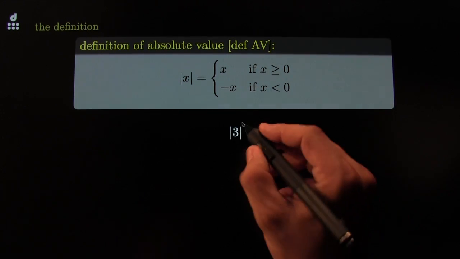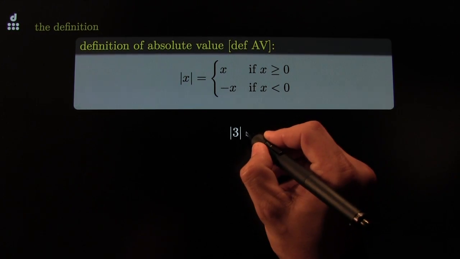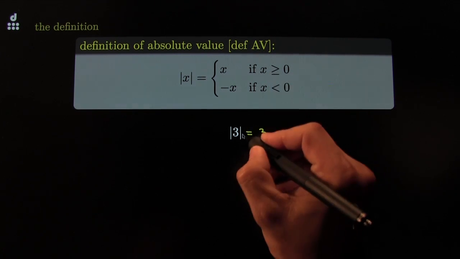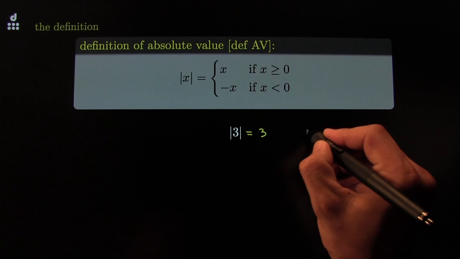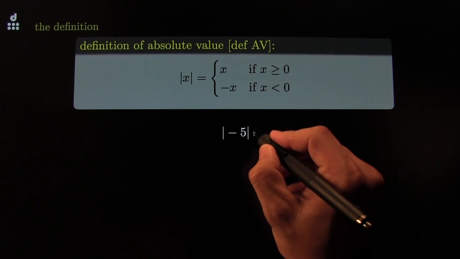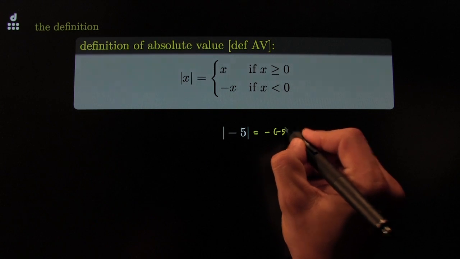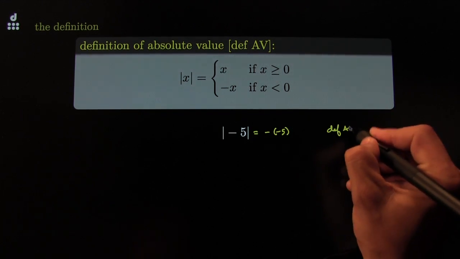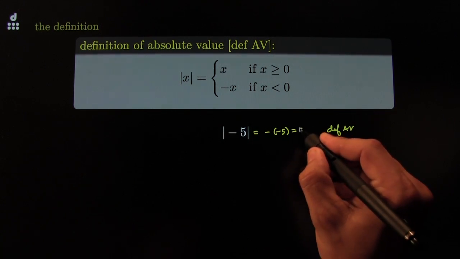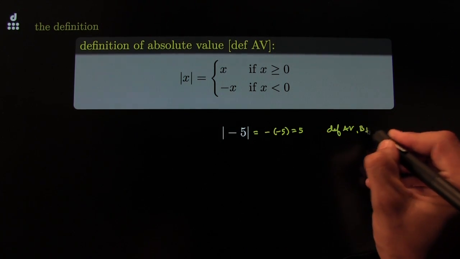Let's do some examples here. The absolute value of 3 would be equal to 3 since 3 is already positive. That's just by definition of absolute value. The absolute value of negative 5 would be negative negative 5. That's by definition of absolute value. Since it was negative, I gotta add on this other negative, which of course would make it 5 by inspection.